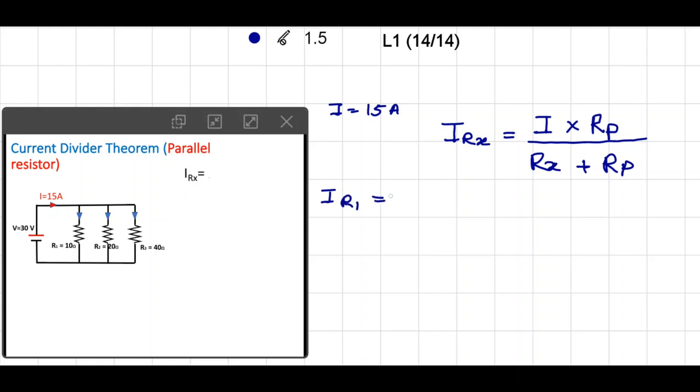It is equal to the total current I, 15 ampere, multiplied by Rp.